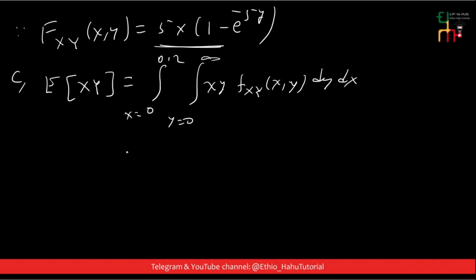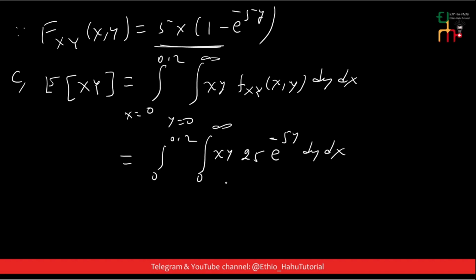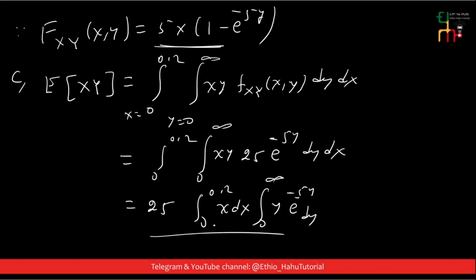This is the integral from 0 to 0.2, the integral from 0 to infinity, of x y times 25 e to the power of minus 5y dy dx. Since x and y are independent, I can take 25 outside: the integral from 0 to 0.2 of x dx times the integral from 0 to infinity of y times e to the power of minus 5y dy.